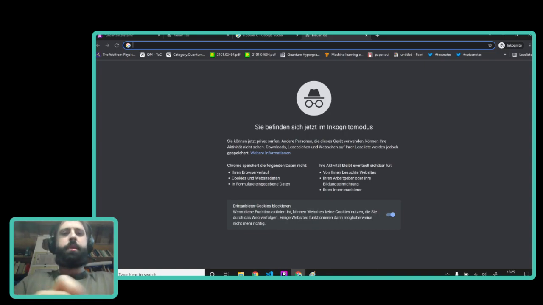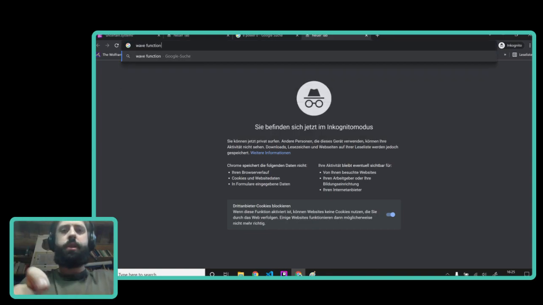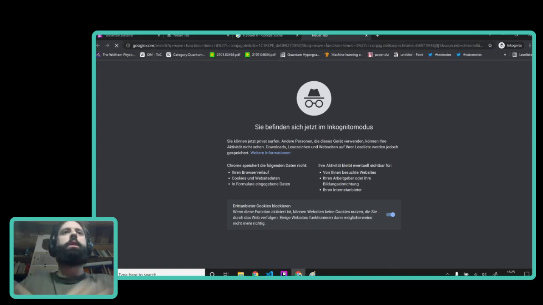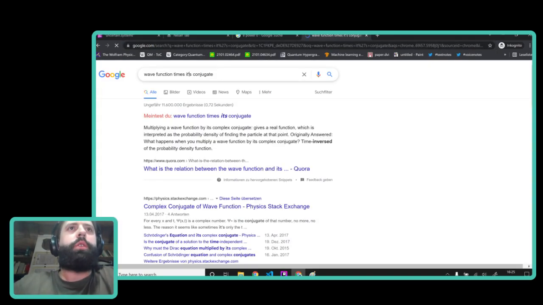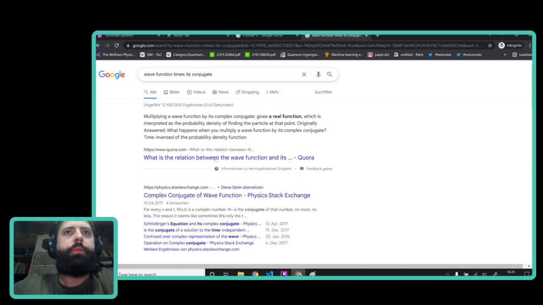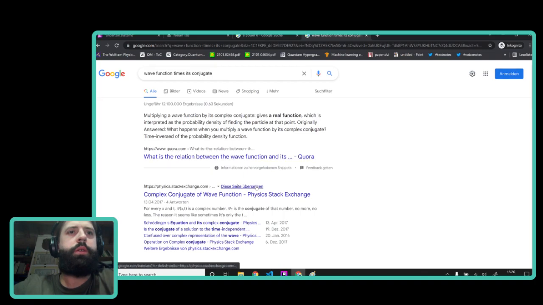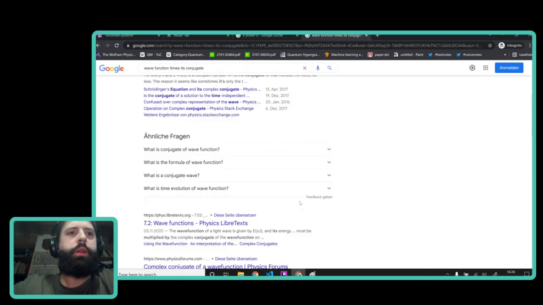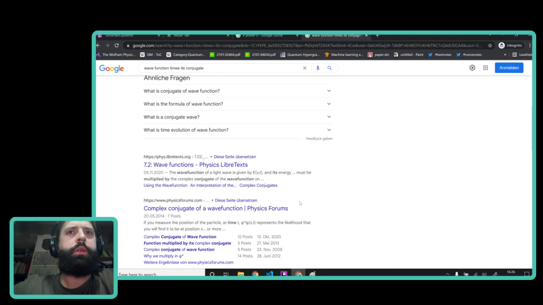So wave function times its conjugate. I think it's one, right? Yeah, it's one, right? Because it's the same.